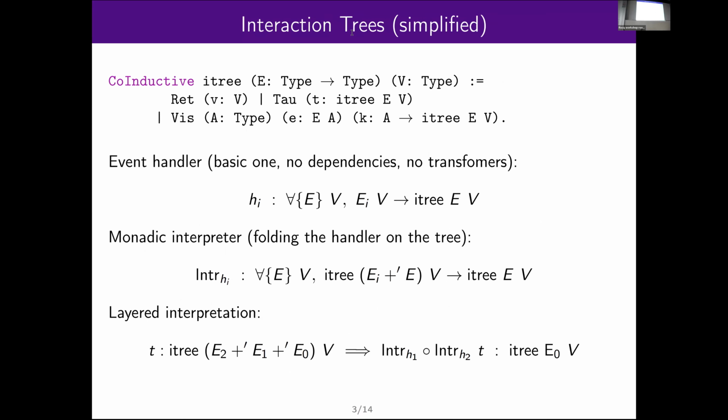Just to give a bit of background, the very simplified view on interaction trees: they're basically just a co-inductive data type with three constructors. One, Return, the terminating computation that returns a value. One is a computation that advances by a silent step, a tau transition.